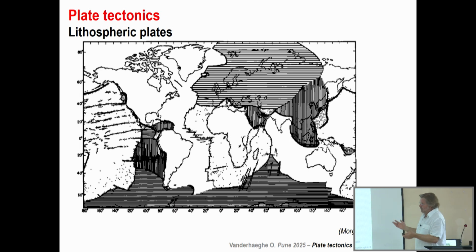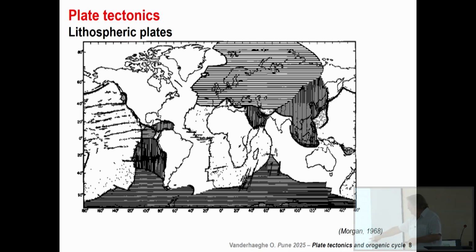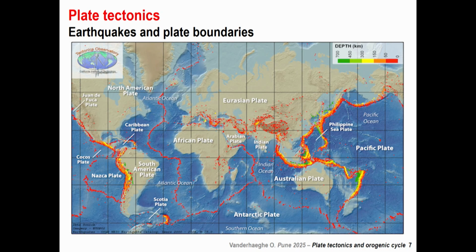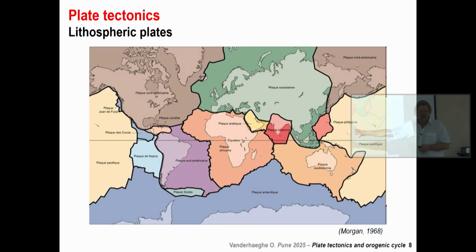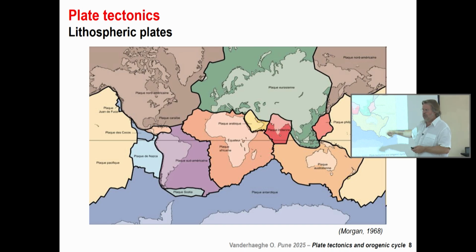So these geological evidences were used to define the first lithospheric plates in the 60s. That leads to the scheme that is here, reproduced from a figure from the Geological Survey of the United States of America. That's an interesting one.